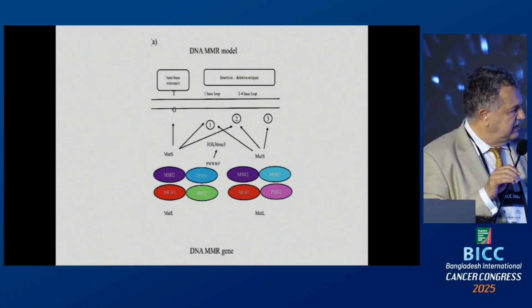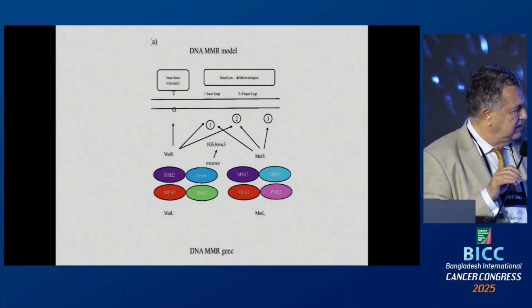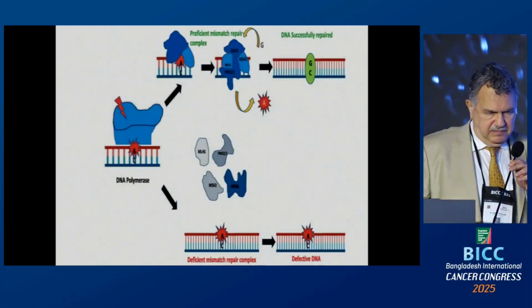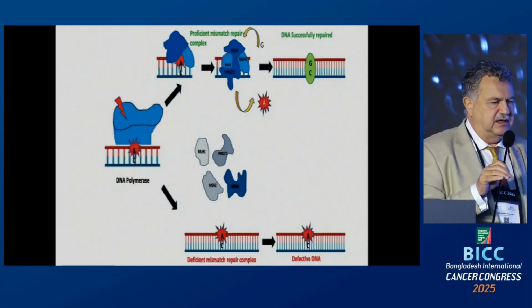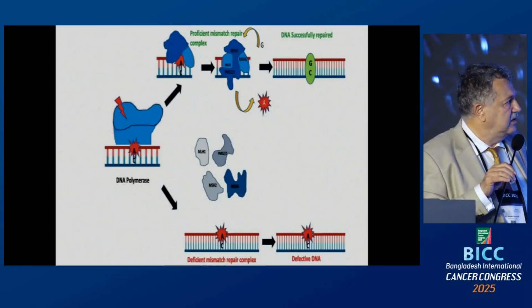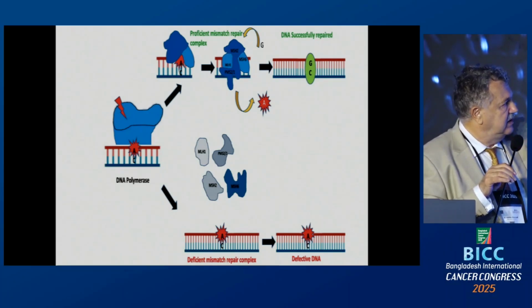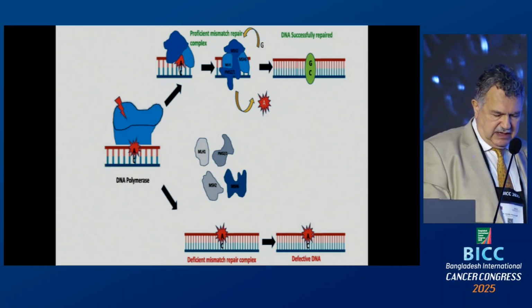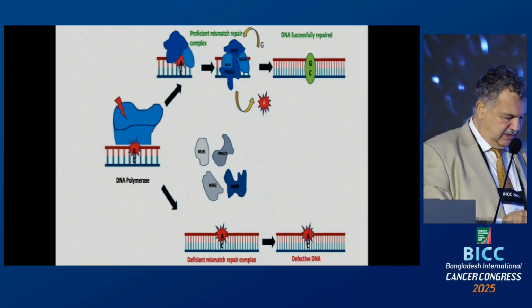Our patient is deficient in the last two, the red and the green. What does that mean? Look at this here. Those 4 structures build together, and by doing so, they help in the repair.